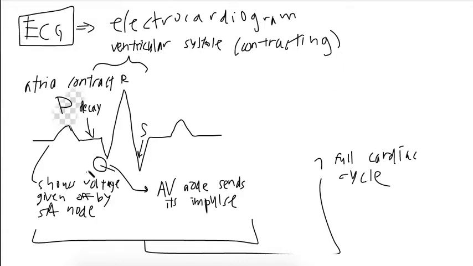So basically, you have the Q wave. It signifies when the AV node sends its impulse, and the QRS complex is when this impulse, signified by the Q wave, flows from the AV node and spreads down through the conducting fibers and out to the Purkinje fibers within the ventricles.